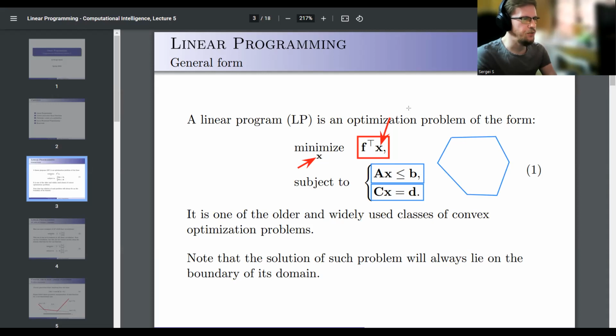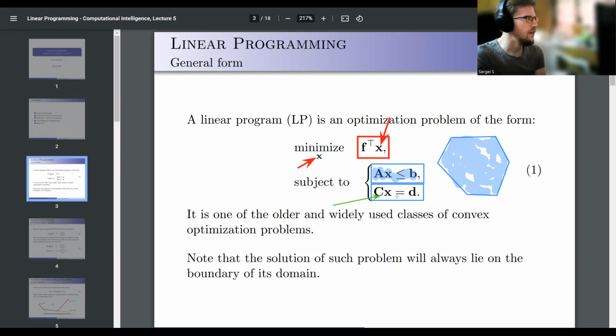And what you mean when you say this is the interior of this polytope. I'm not going to try to be too pretty here, but that's the idea. The interior of this polytope.